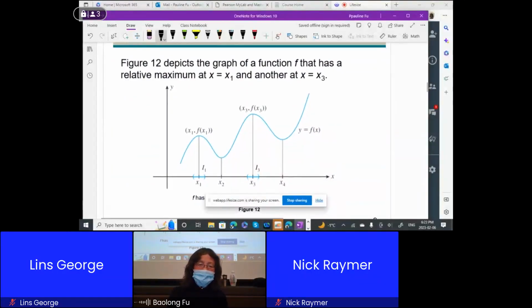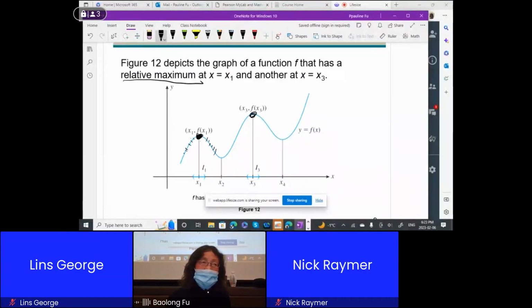In this graph, let's examine the relative maximum. How many relative maximum for this graph? We found one. This point is a relative maximum because it is greater than all the points nearby.